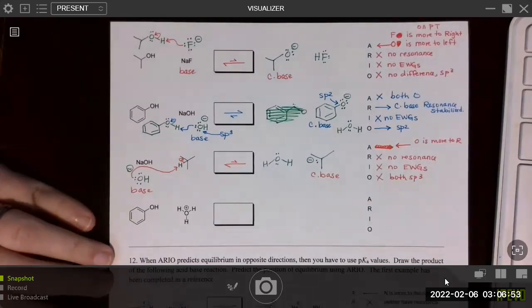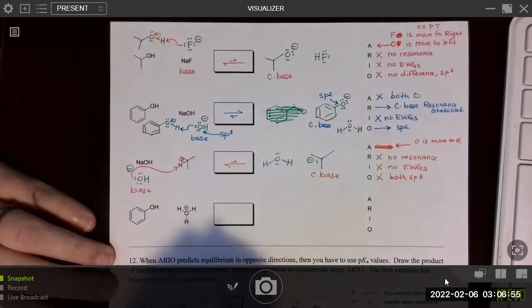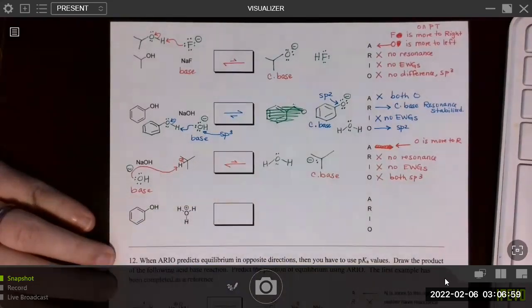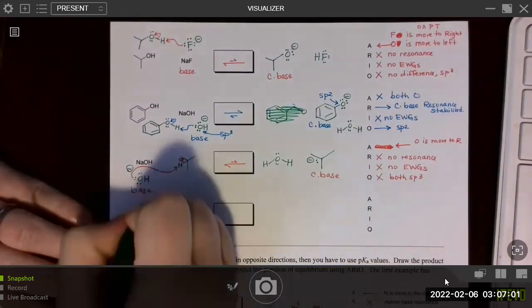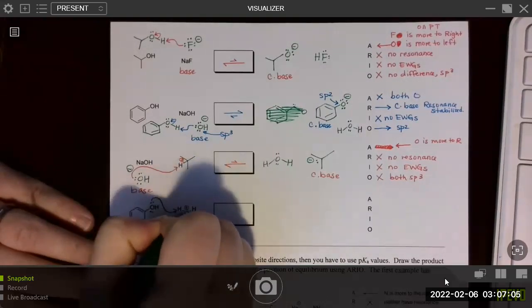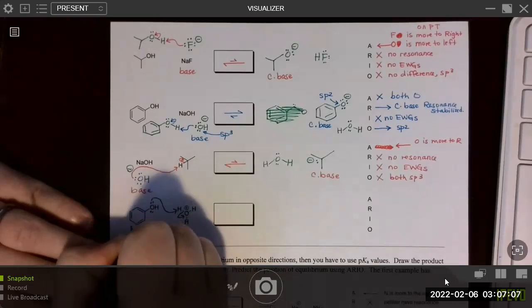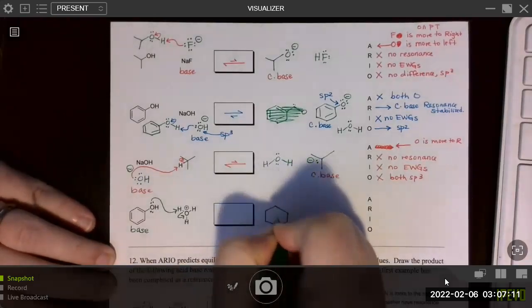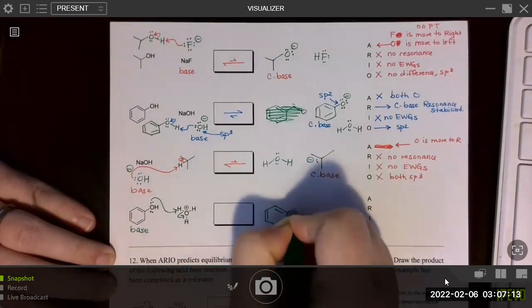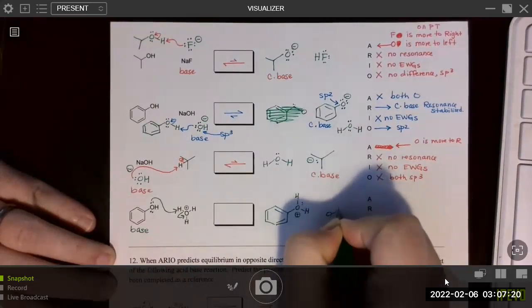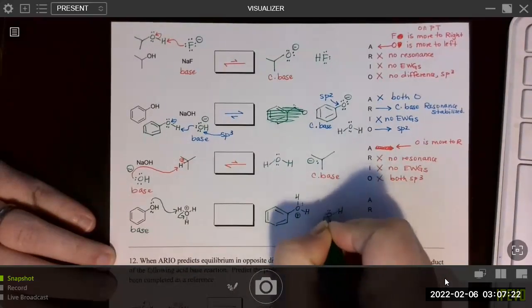Let's look at the last case. Now we have a positively charged acid. We know hydronium ion is an acid. So this will be our base, taking the proton from the acid, and will give us a conjugate acid and water as the conjugate base.